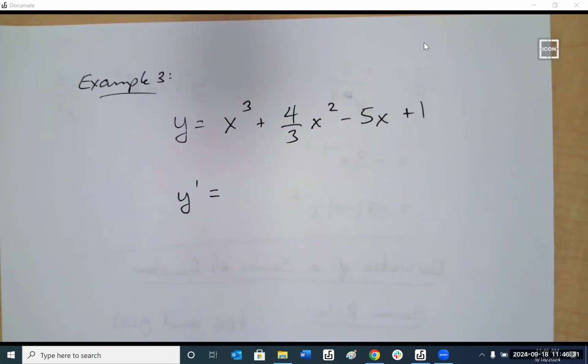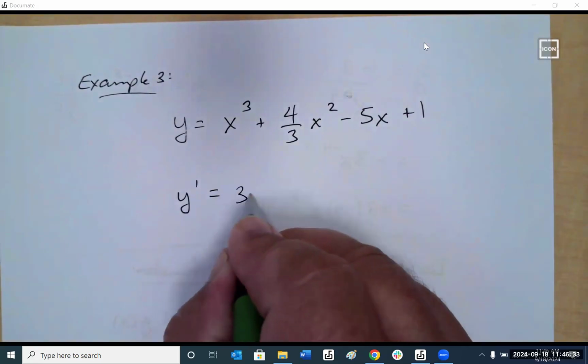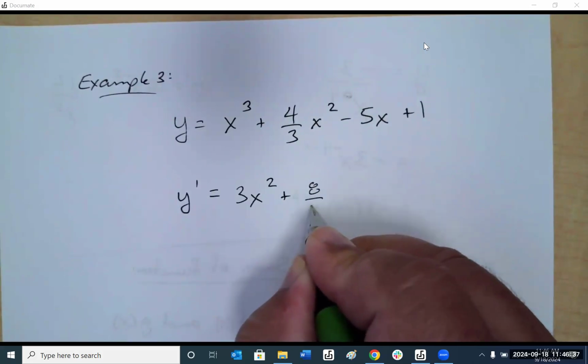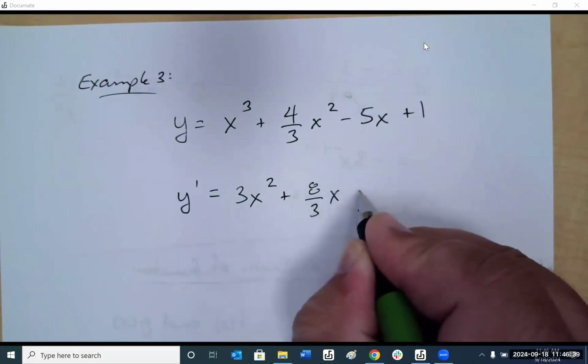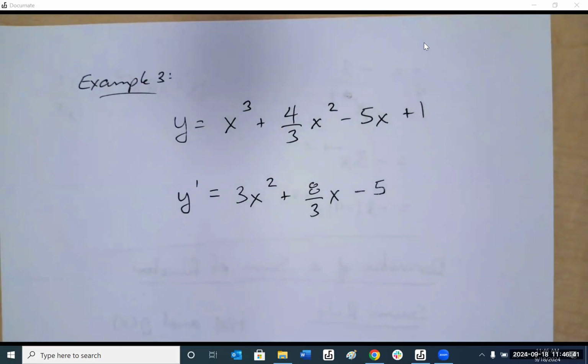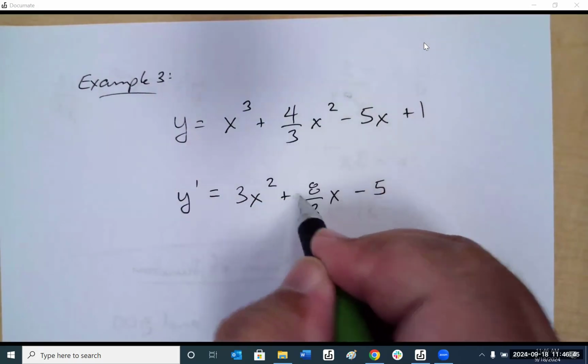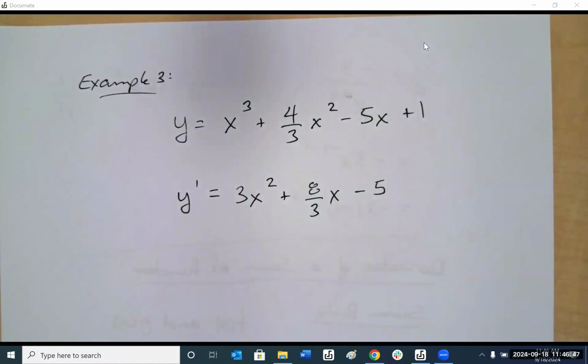What did you get? Yeah, but 2 comes down, 2 times 4 is 8 over 3. There's the derivative.